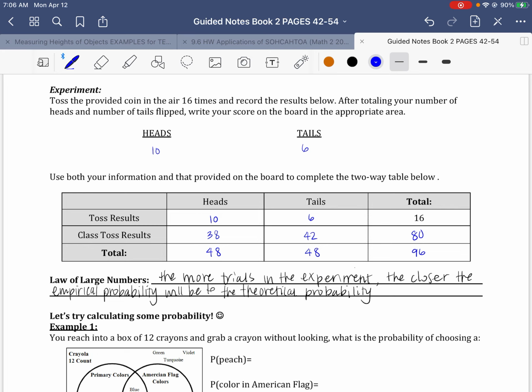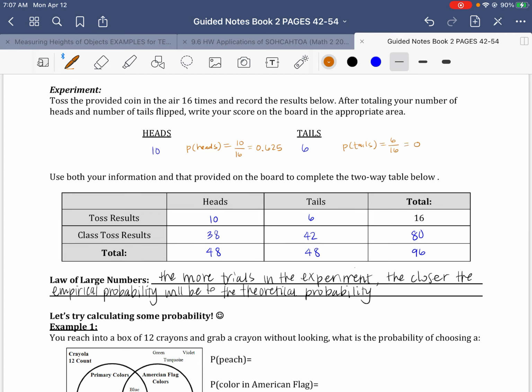Now, when we calculate probability, if you look at this, the probability up here of you getting a heads based on your experiment was 10 out of the 16 times that you actually flipped your coin. Now, 10 out of 16, if you're thinking about it as a decimal, sometimes it's easier to compare as a decimal, is about 0.625. And if I'm finding the probability of tails based on that experiment, that would be 6 out of 16.